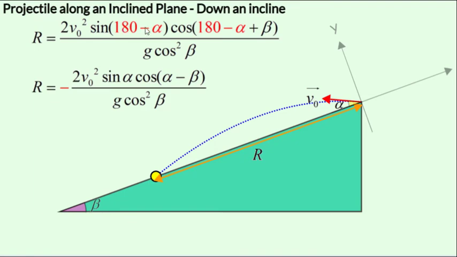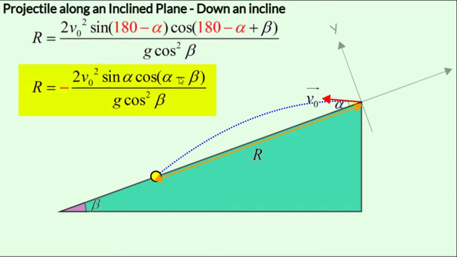Now sine of 180 minus alpha will be sine of alpha, and cos of 180 minus alpha plus beta would be cos of 180 minus alpha minus beta, which is minus cos of alpha minus beta. So we have a negative range here.